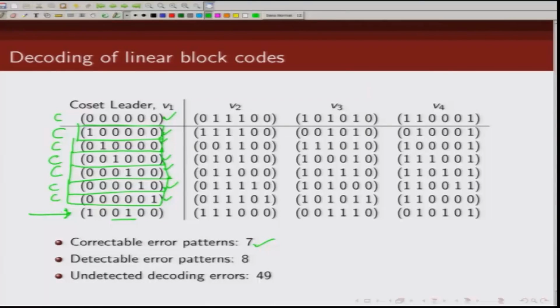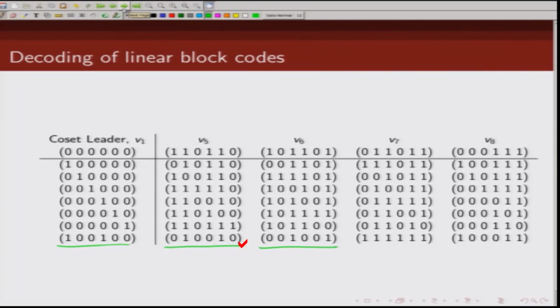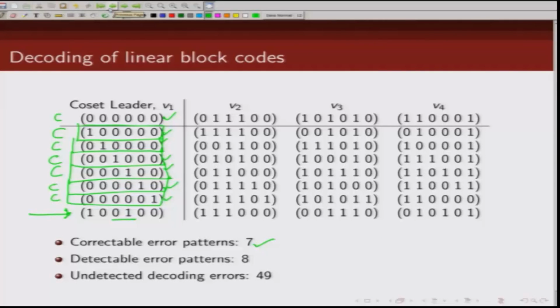Why? Because I know this could be a likely error pattern, or this could be a likely error pattern, or this could be a likely, and they are all equally likely, because here 2 bits got flipped, here 2 bits got flipped, here 2 bits got flipped. So, any of these 3 patterns are equally likely in this case. So, whenever syndrome points to this coset, I cannot do error correction.